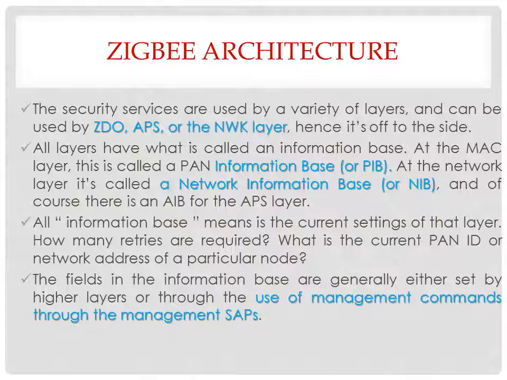All an information base means is the current setting of the layer. How many retries are required? What is the current PAN ID or network address of a particular node? The fields in the information base are generally either set by higher layers or through the use of management commands through the management SAPs.